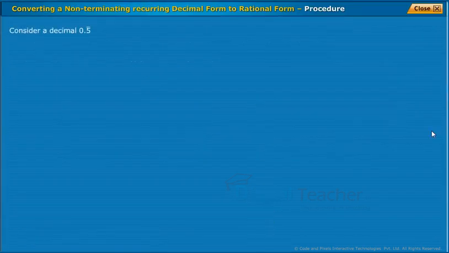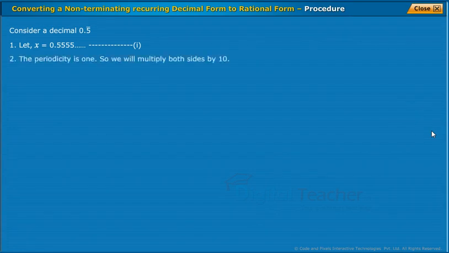Consider a decimal 0.5 bar. Let x equal to 0.5555, and so on. Let it be equation 1. The periodicity is 1. So, we will multiply both sides by 10. We get 10x equal to 5.555, and so on.